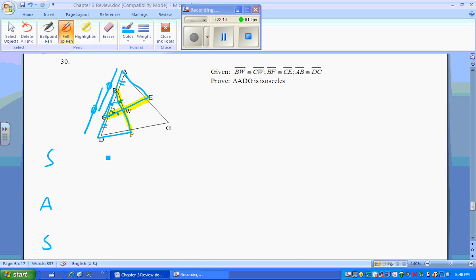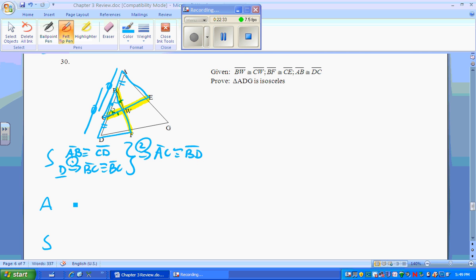The first side, we'll do the addition part. So AB is congruent to CD, and BC is congruent to BC from the reflexive. We add and say AC is congruent to BD.